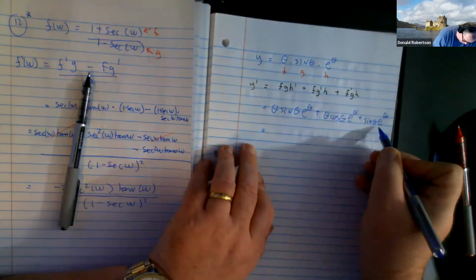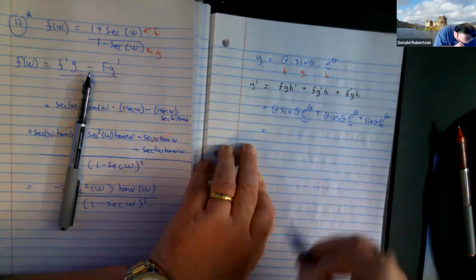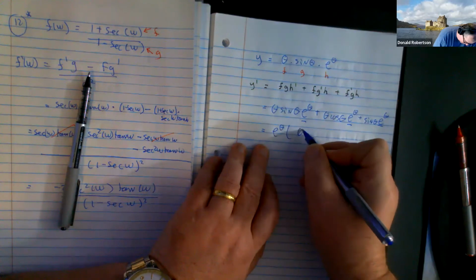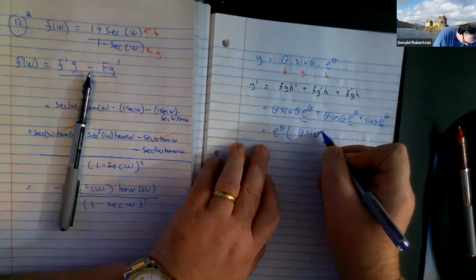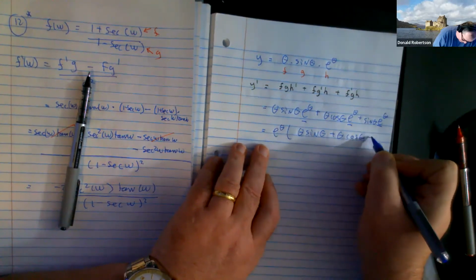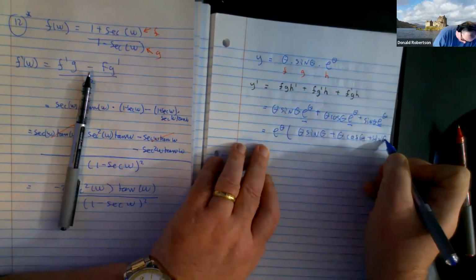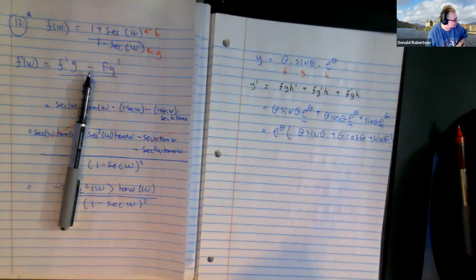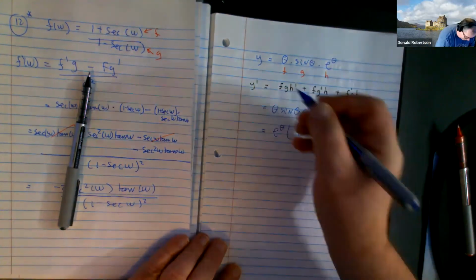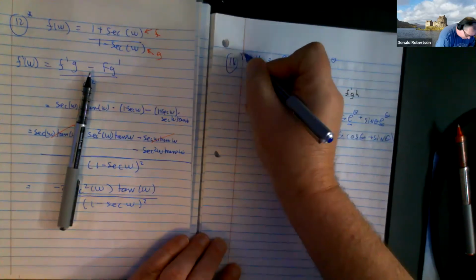In this case, the only style points that I can really see of any use is to pull out an e to the theta. So you have that guy plus that guy plus that guy. And that's it for that one. And by the way, this is not quite the same thing, but it's like 14.